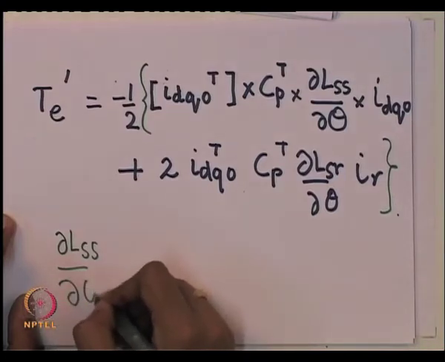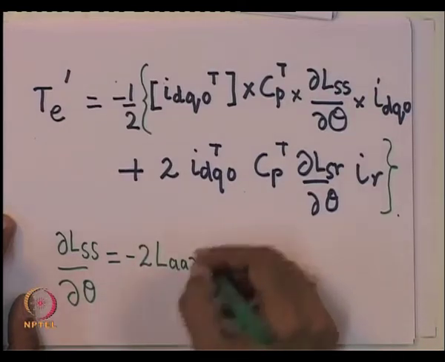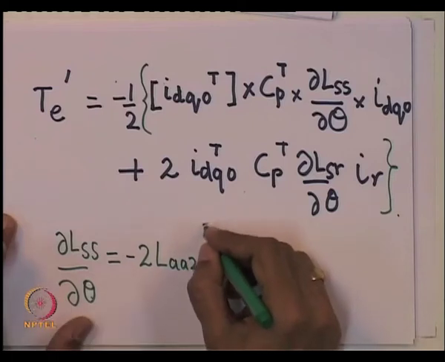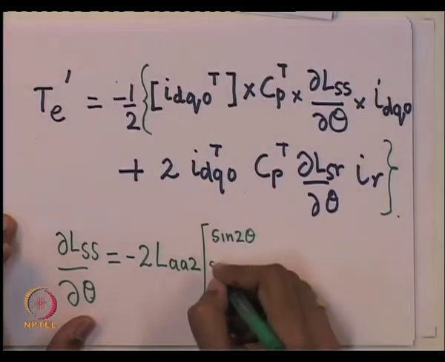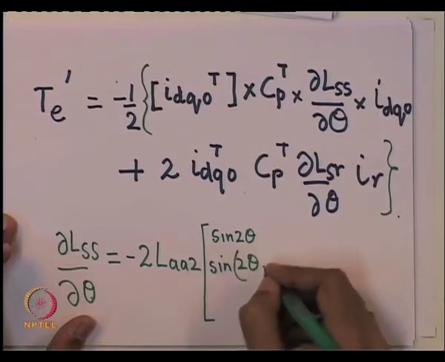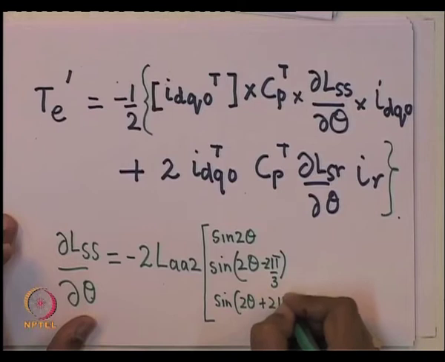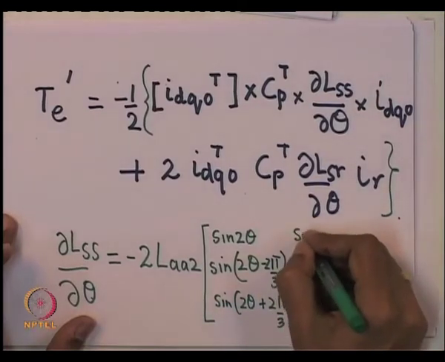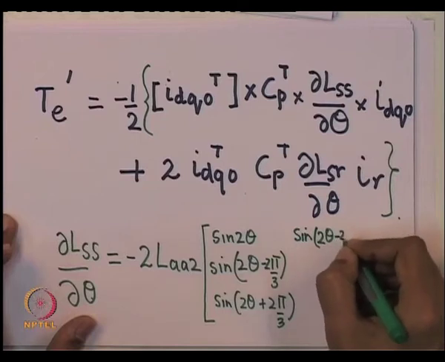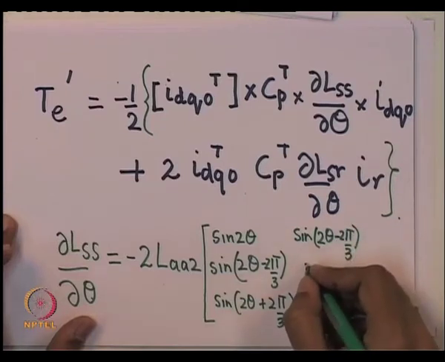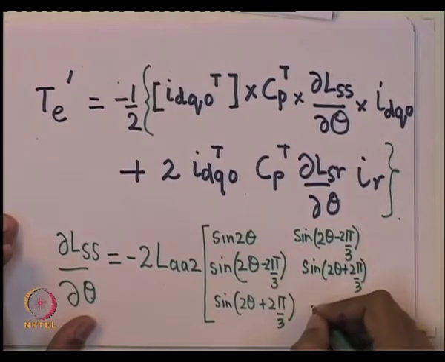So, I will just write down what d LSS by d theta is: nothing but minus of 2 LA2, this is the theta varying part, into sine of 2 theta, sine of 2 theta minus 2 pi by 3, sine of 2 theta plus 2 pi by 3, sine of 2 theta minus 2 pi by 3, sine of 2 theta plus 2 pi by 3, and here sine 2 theta.